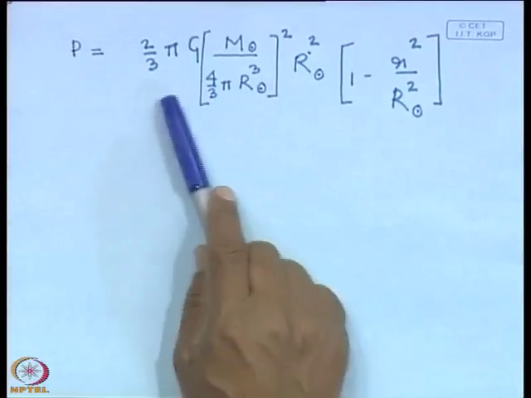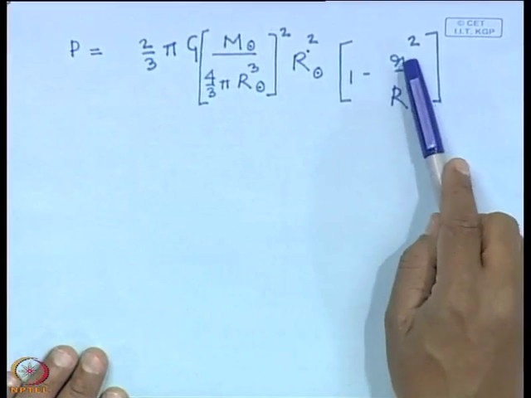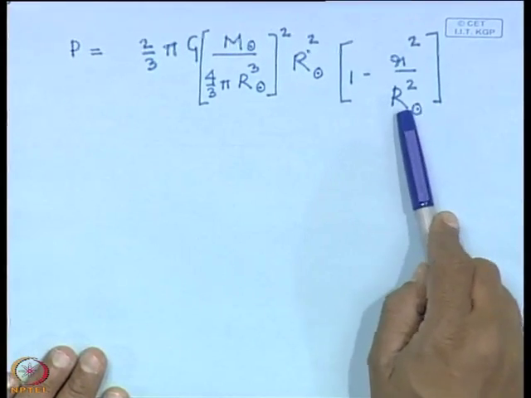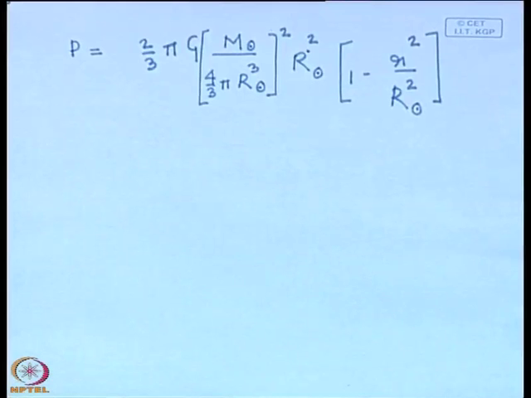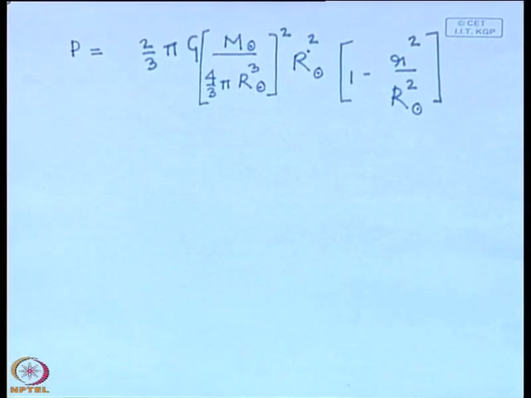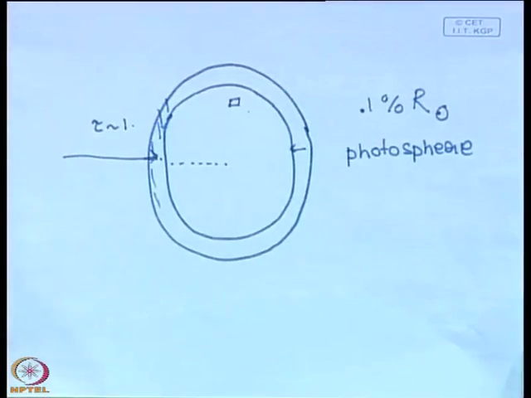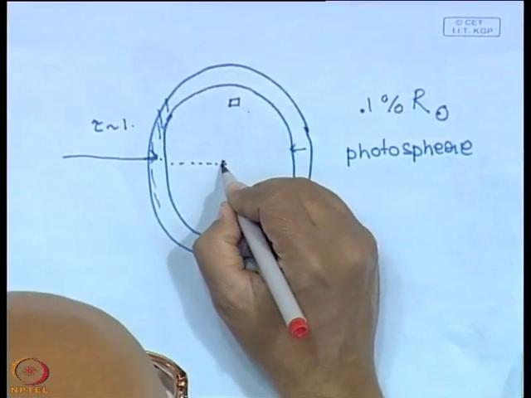So, we have written it like this, and it is now very clear that when the radius r goes to the radius of the sun, the pressure vanishes. Now, we will use this to calculate the pressure at the center of the sun. We want to calculate quantities inside the sun. So, let us use this to estimate what the pressure at the center is.